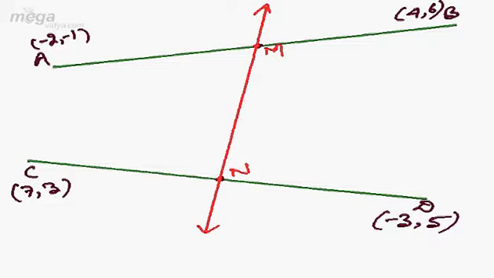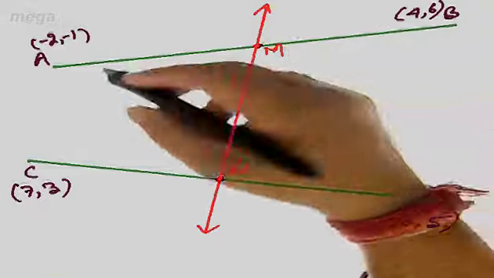So first of all, to get the slope of the line, we will find the coordinates of the midpoint M, which is the midpoint of AB.